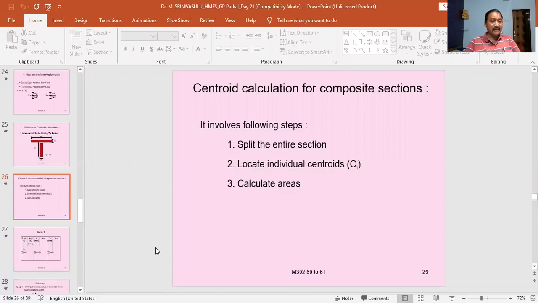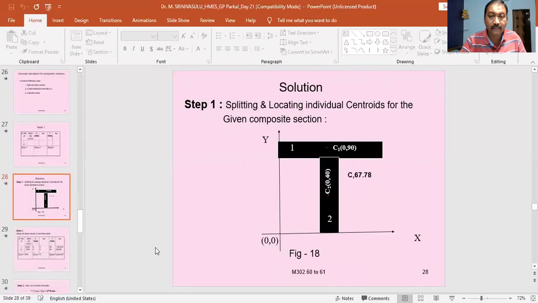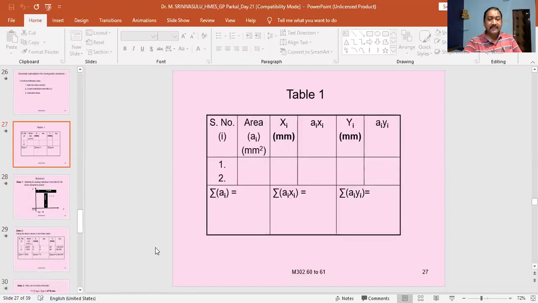We know that A1, A2 and so on, we have to find out the areas. And then the fourth step is finding the centroids by using the formula.